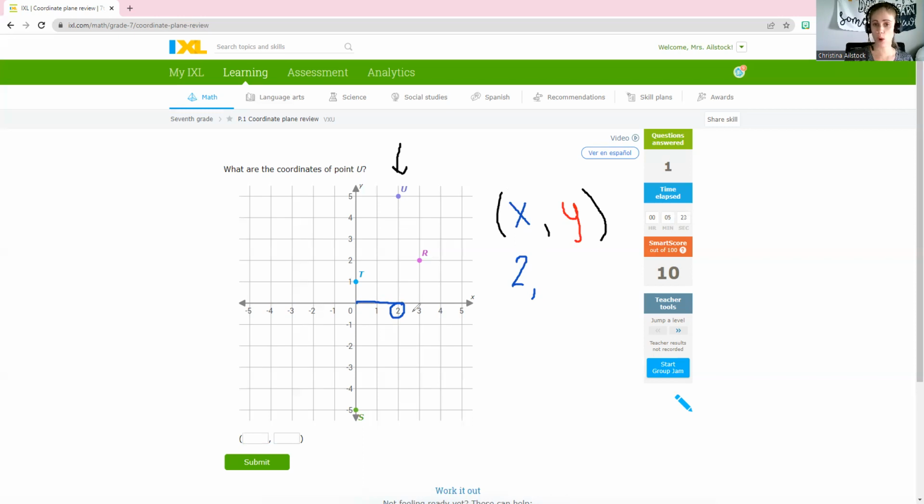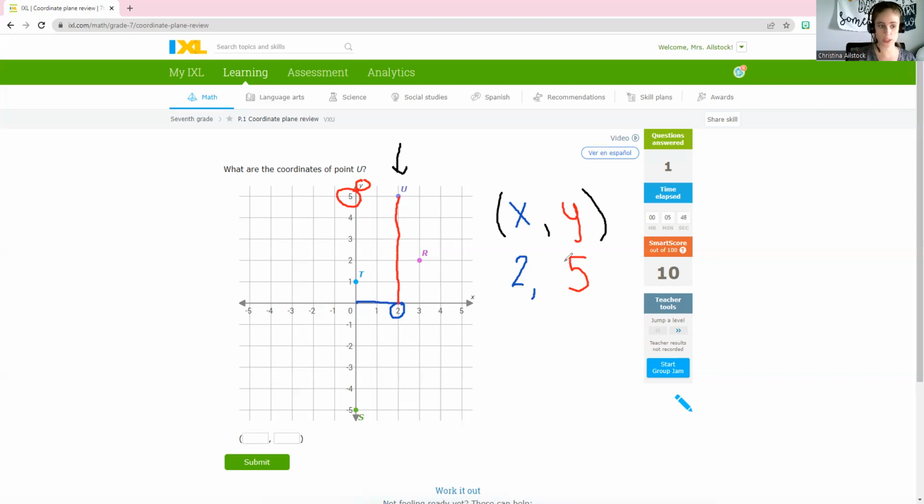And then now we need our Y value. So one way you could do it is you could literally just count up and see how long it takes you to get there. 1, 2, 3, 4, 5. Or you can just say, all right, here's my point. Let's look at my Y-axis. I see that that lines up with the number 5. Same answer, either way you do it.